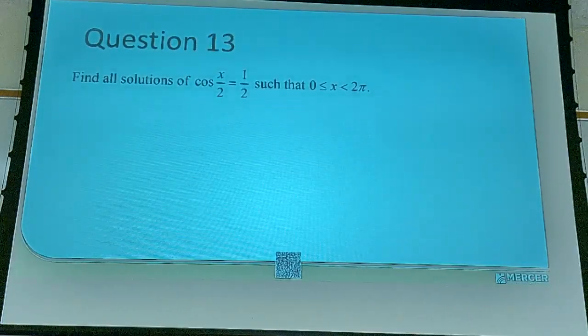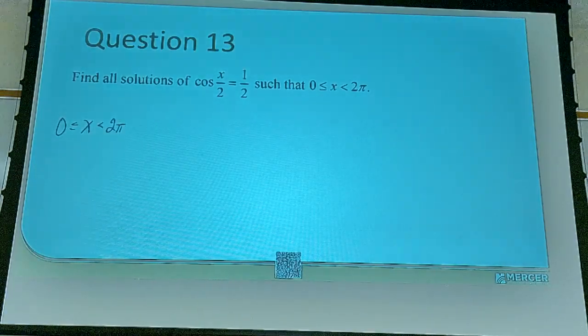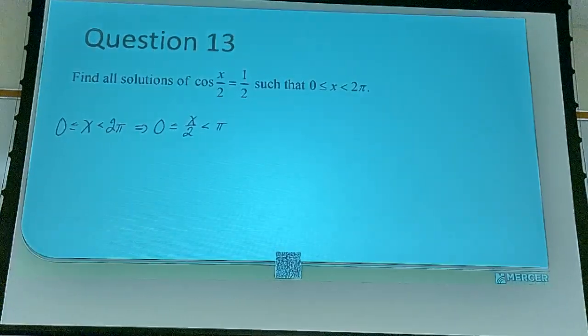Cosine of x over 2 equals a half. Well, again, we now have a half angle. There's actually 2 ways we can do this: the easy way and the harder way using the identity. I'm going to use the easy way. We want our x over 2 to be between 0 and pi.